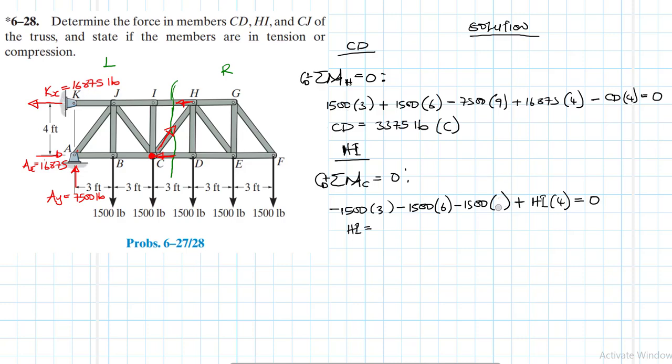Sorry, why did I put 3 here? It's 1500 by 9, right? This one at the furthest end, because we're taking moments about that point. So 3 plus 6 plus 9, then divided by 4. So we have 6,750 pounds, and it's in tension.